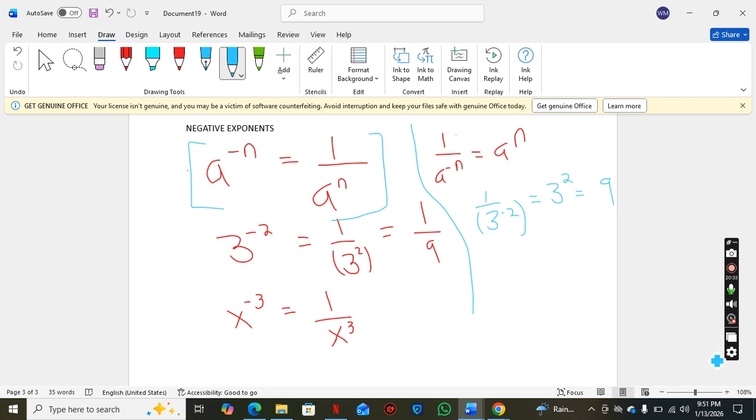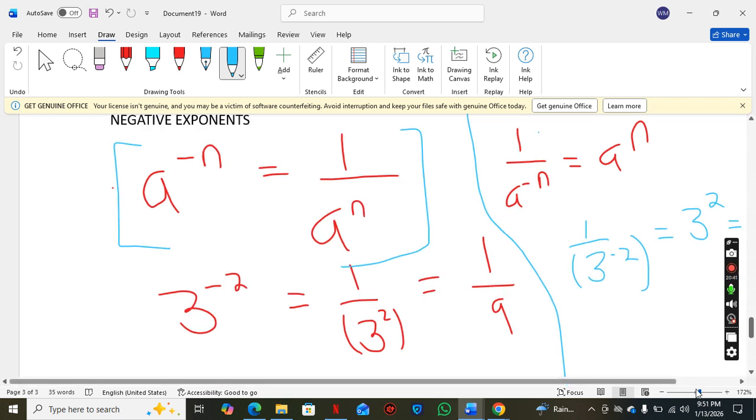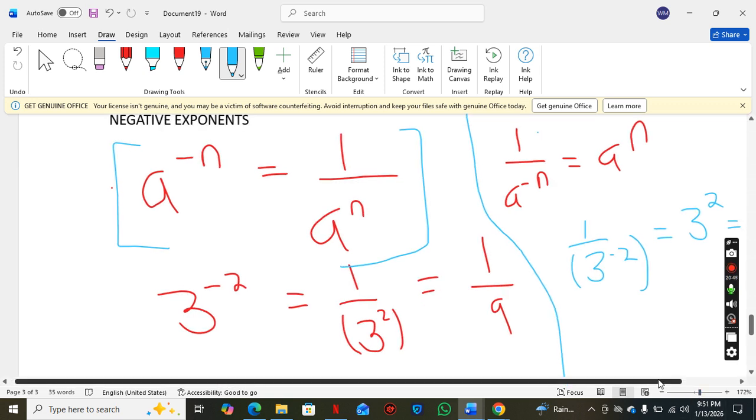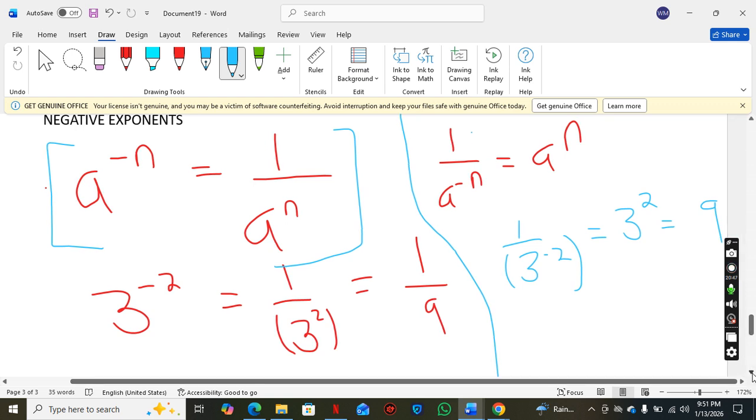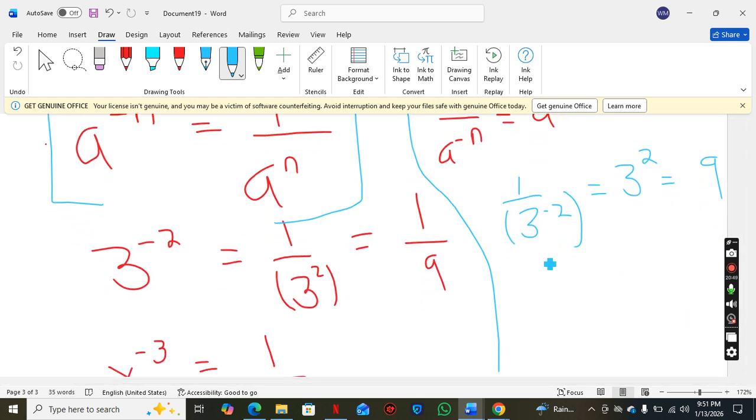Now let me just illustrate this a bit more so that you get the concept. If we have to solve it the long way, we use the long cut. We say 1 over 3 to the power negative 2. We can apply this first law, a to the power negative n, 1 over a to the power n.